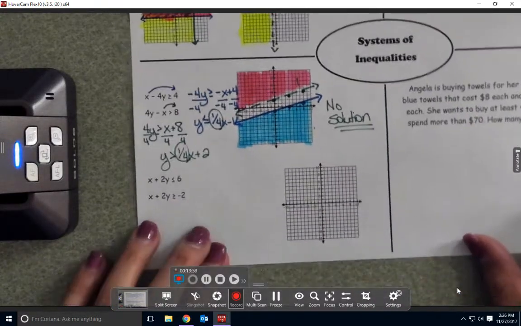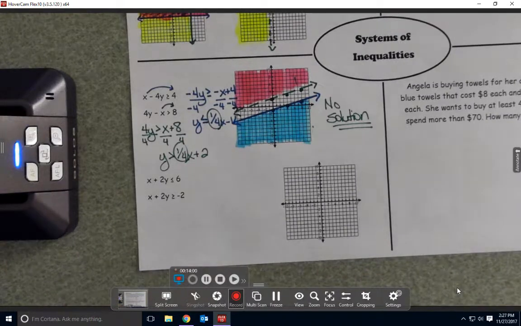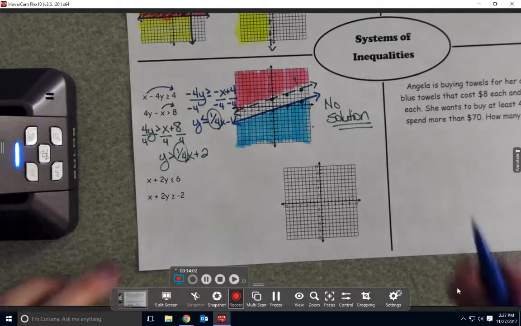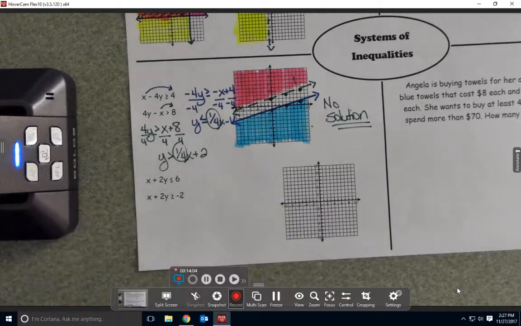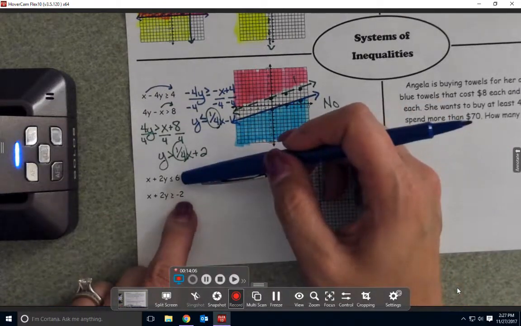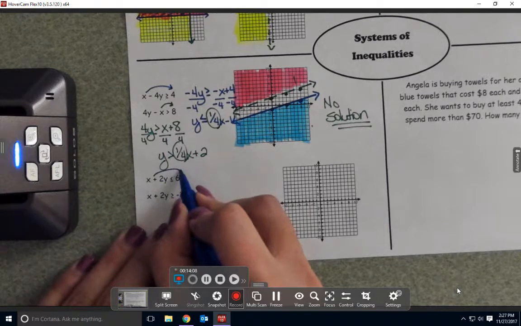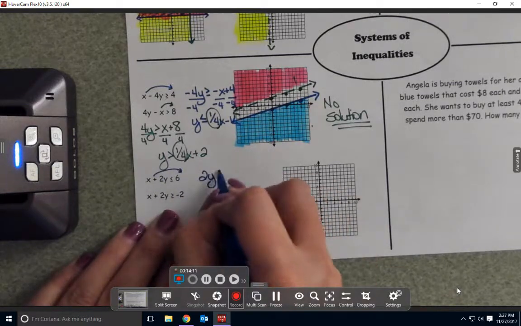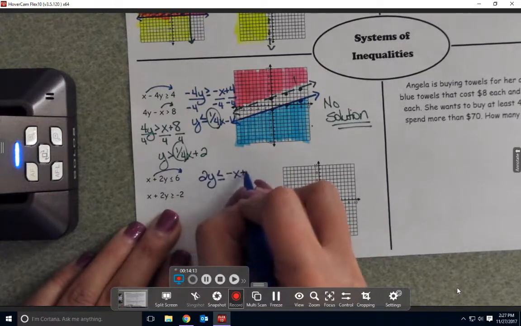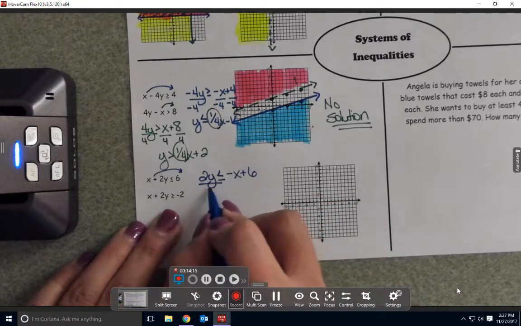Okay. And now looking at this last problem, getting these y's by themselves, if you notice, it's pretty much the same equation except for this number over here is a little bit different. So when I move this x over, it's going to become a negative x. And then I'm going to divide everything by 2.